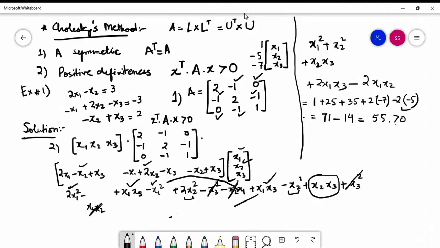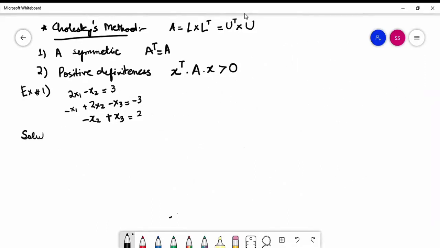Now we will start applying Cholesky's method in the form of a lower triangular matrix.